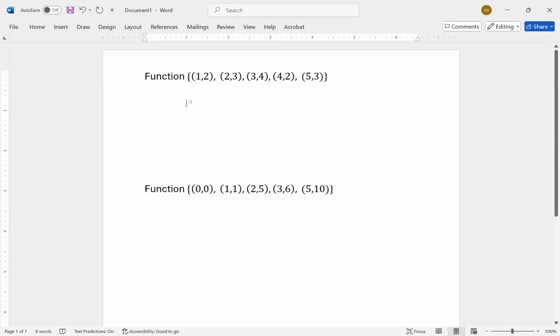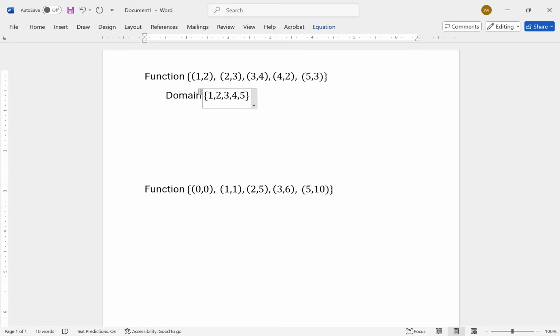When we are writing the domain of any function, the domain is the set of inputs. So generally speaking, we put set brackets around the elements of the domain. In this first function, since it's finite, we can just list the inputs 1, 2, 3, 4, and 5.